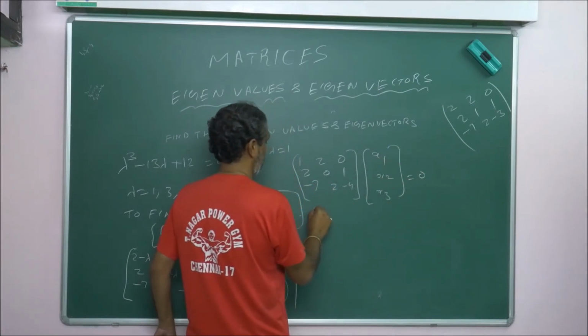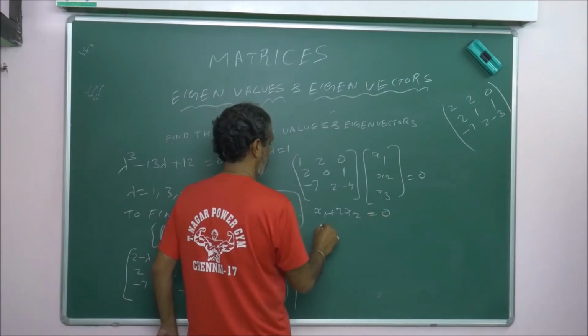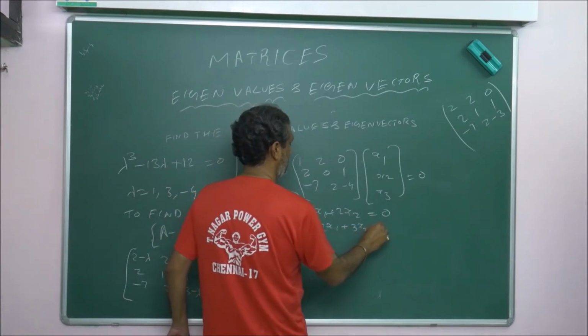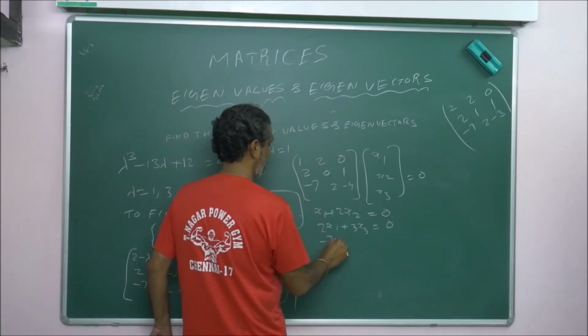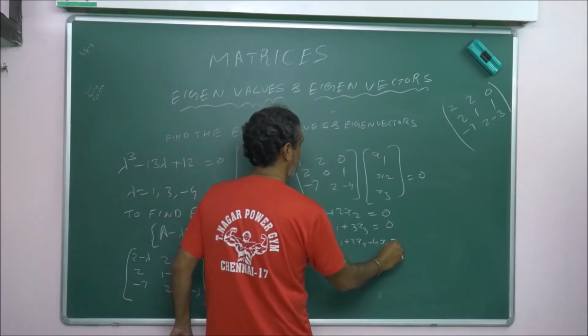Then take x1 plus 2x2 is equal to 0, 2x1 plus x3 is equal to 0, minus 7x1 plus 2x2 minus 4x3 is equal to 0.